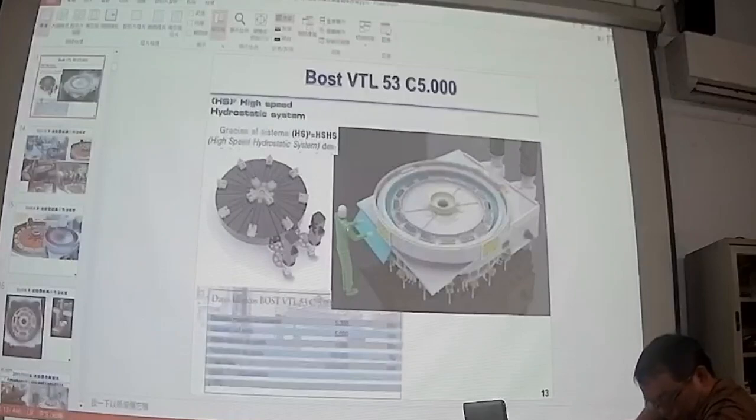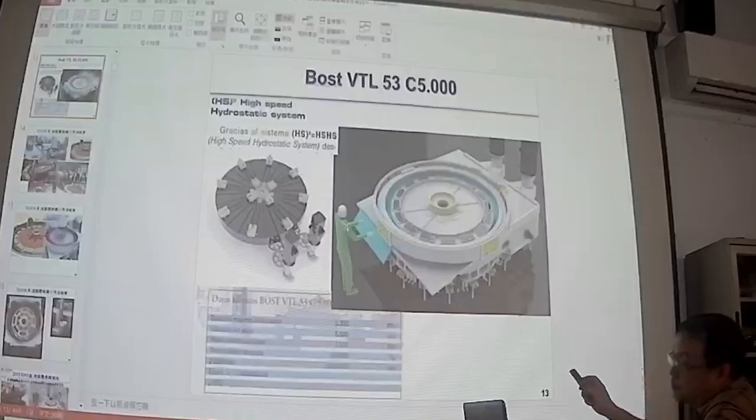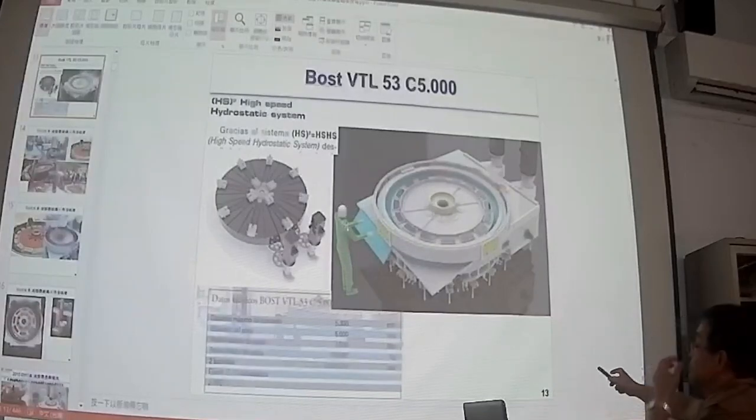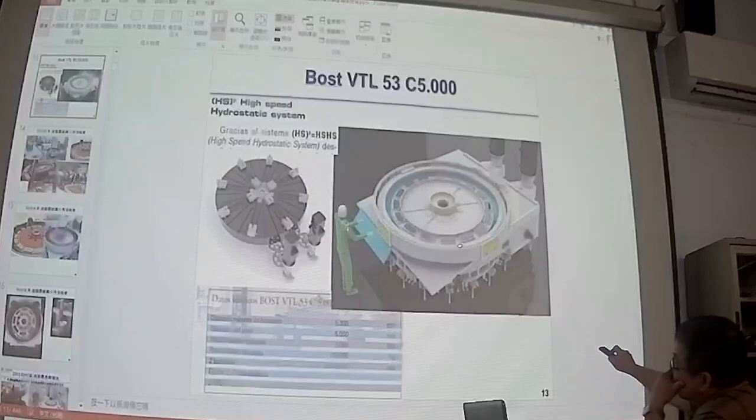Same for the rotary table, the hydrostatic rotary table, vertical leg design. We also have a different design strategy. For example, we have a multi-recess in the thrust bearing design.